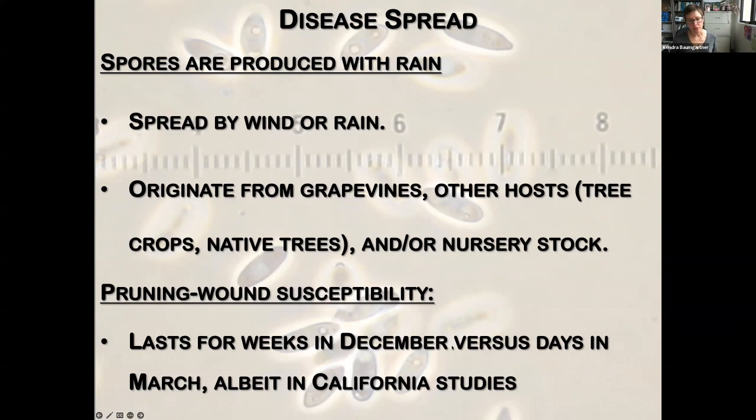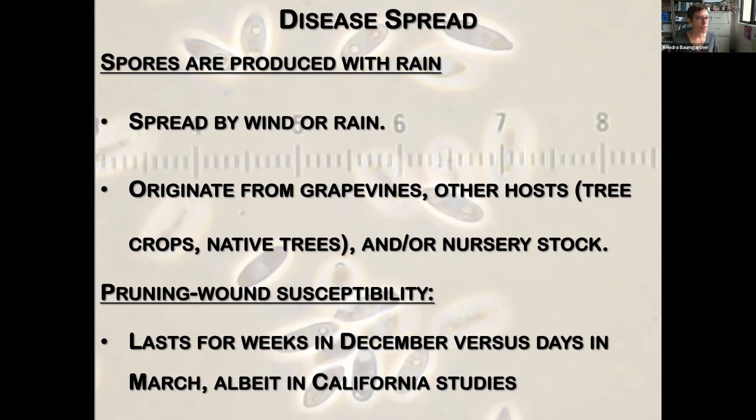I also want to mention something interesting about the disease cycle, which is that the pruning wounds, depending on when we prune the vines during our dormant season in California, the period of susceptibility can vary. So if vines are pruned in December, those wounds can be susceptible for 3 to 4 weeks.